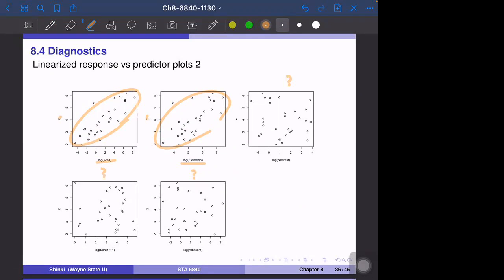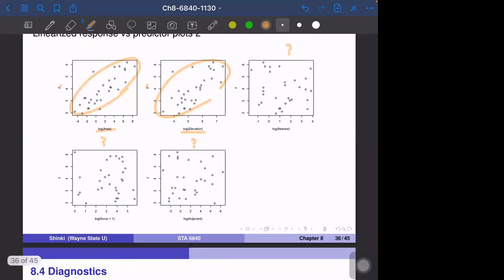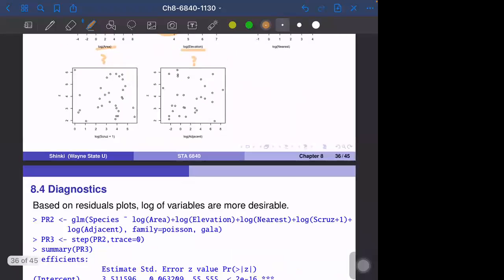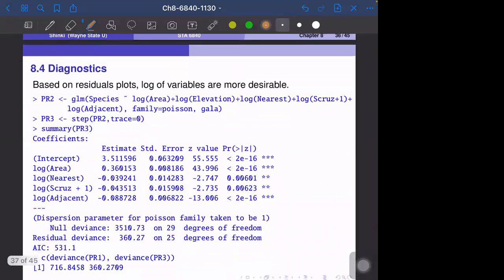So we decided to use the log of the variables as predictors. In chapter 5 we used just the original scale: area, elevation, nearest, Santa Cruz and adjacent. But here we decided to go with the logarithm. And actually the result is not really intuitive.